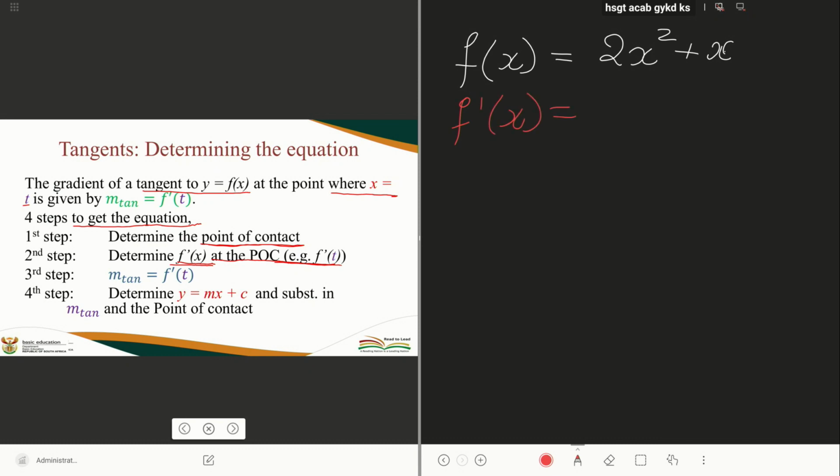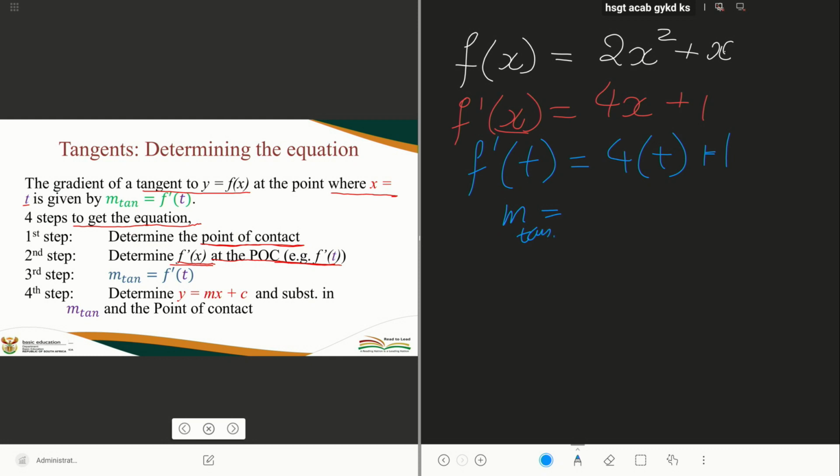The first derivative is going to be 4x, as explained in the introduction of calculus, plus 1. At a given x value, let's say t, to get the gradient, the first derivative at t is going to be 4 times t plus 1. Then you get the gradient of the tangent at that point.